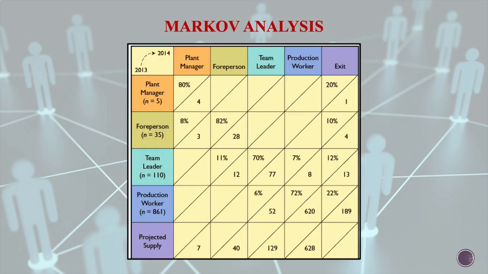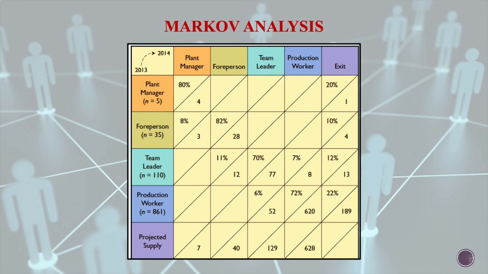Let me share a slide over here. You can find there is a transition between 2013 to 14. You'll find that there were 35 employees in the 4-person occupation in 2013. Out of these, 82%, meaning 28 employees, are expected to remain in that position next year based on the past levels of activity.